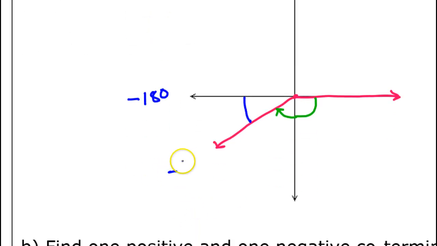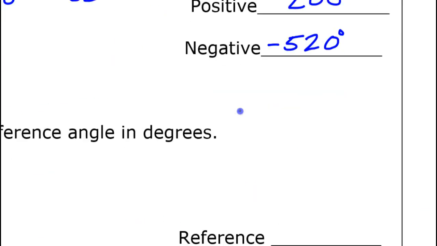So how far apart are these angles? Negative 160, negative 180. Hopefully you can see that they are 20 degrees apart. It doesn't matter that this is below the x-axis. It's only the distance between them. So this is a positive size of 20 degrees. That is the reference angle.